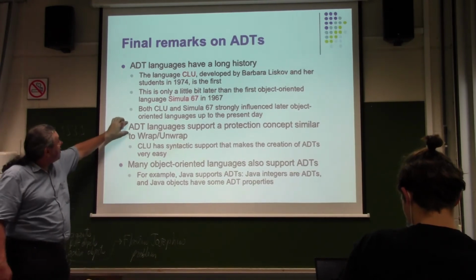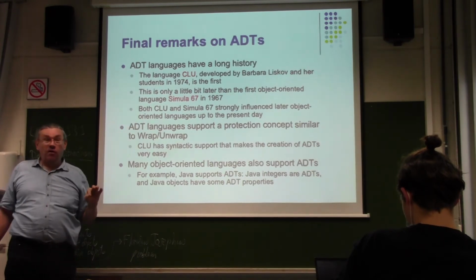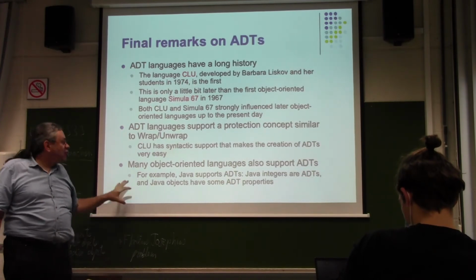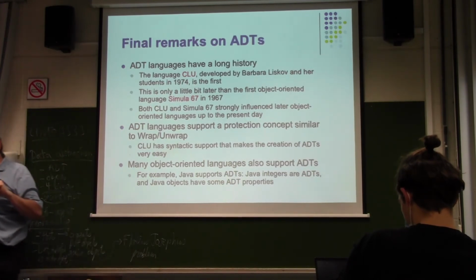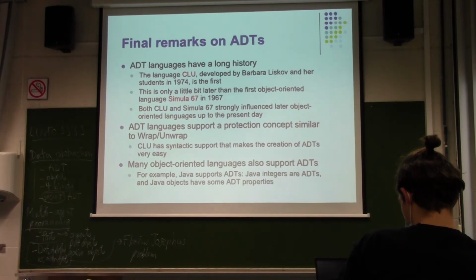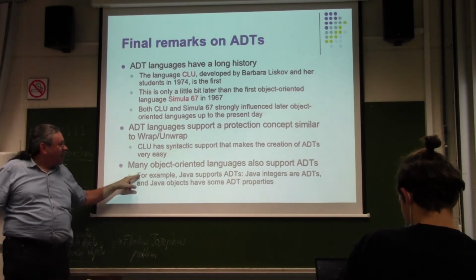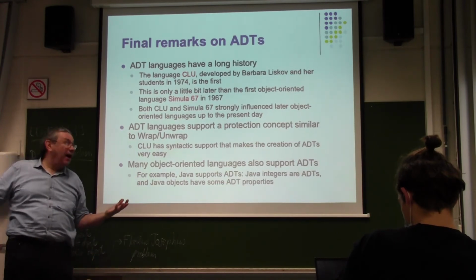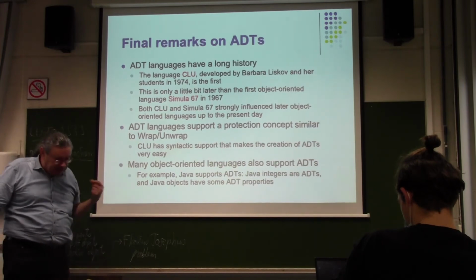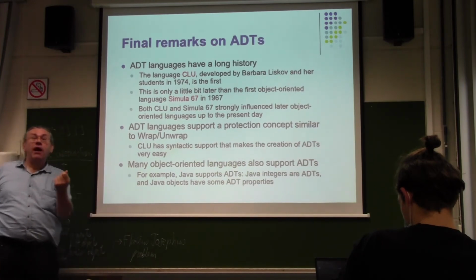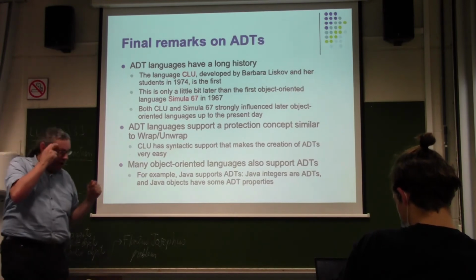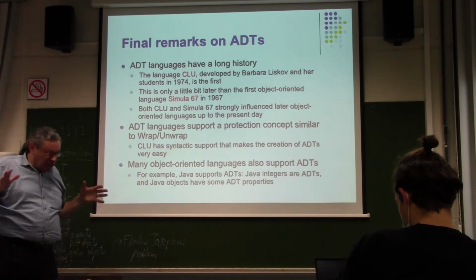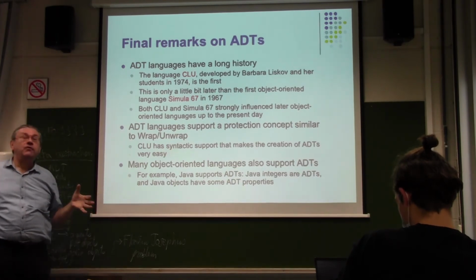So the abstract data type concept has not disappeared, okay? It's very strong and alive today. And usually people talk about object-oriented languages, but in fact, object-oriented languages are just as much abstract data type languages, only it's not mediatized. So a better thing would be to say that they're data abstraction languages, okay? So programming languages today learn from these ancestors so that you can use them to build data abstractions.